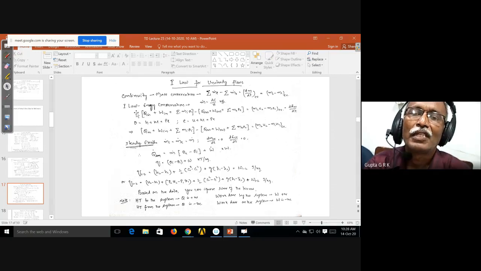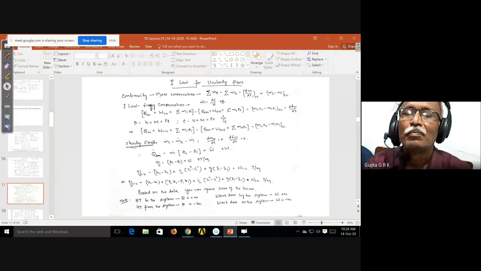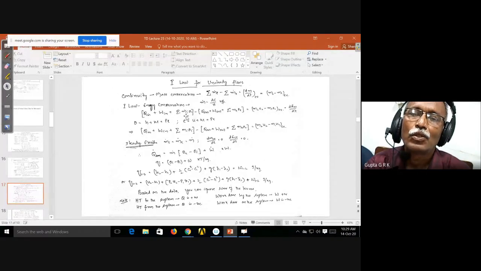Then coming to the energy conservation, energy entering minus energy leaving is equal to rate of change of energy of the control volume. Energy entering may be heat, work, or mass. Energy enters through mass m_i theta_i, where theta is enthalpy plus kinetic energy plus potential energy.